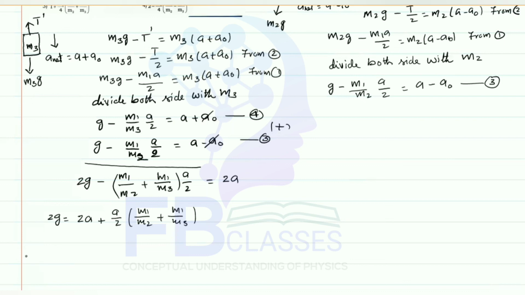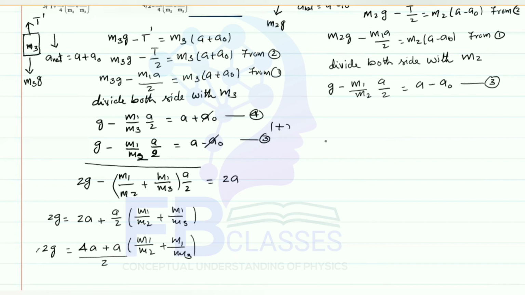Now here, 2g is equal to, I'll take the LCM 2, so 4a plus a into m1 by m2 plus m1 by m3, upon 2.